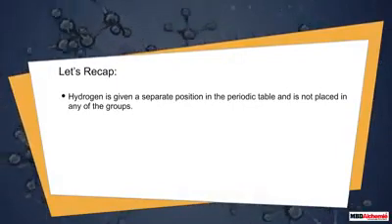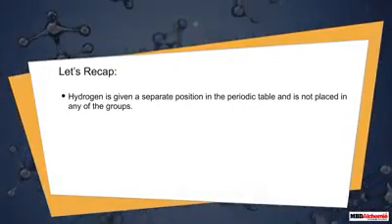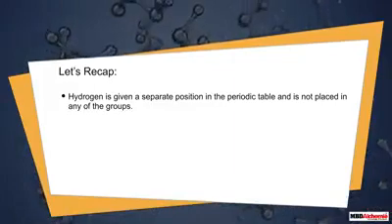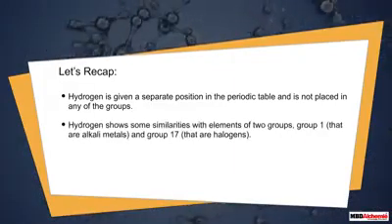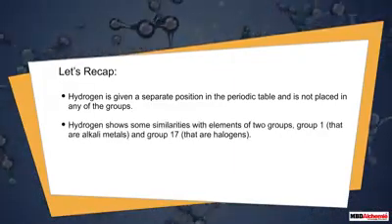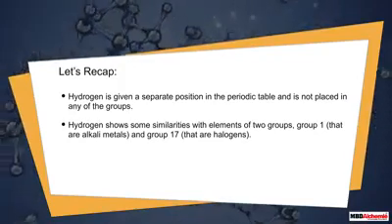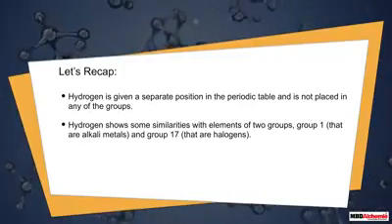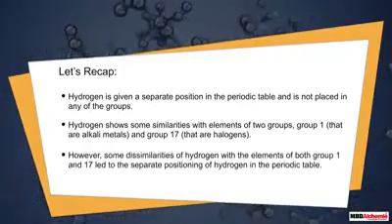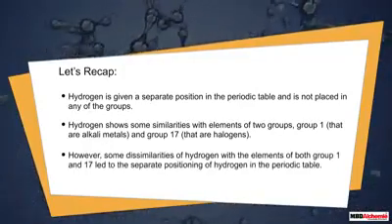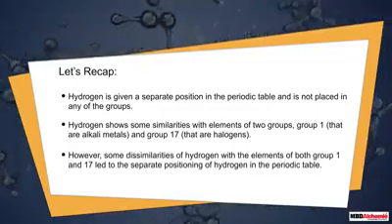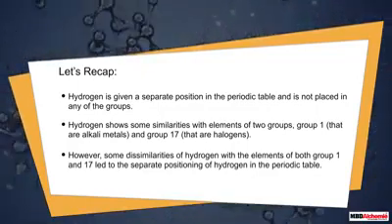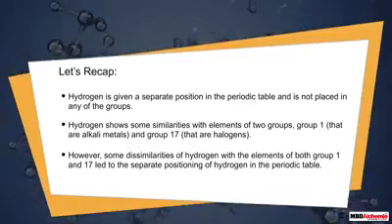Hydrogen is given a separate position in the periodic table and is not placed in any of the groups. Hydrogen shows some similarities with the elements of the two groups, Group 1, that are alkali metals, and Group 17, that are halogens. However, some dissimilarities of hydrogen with the elements of both Group 1 and 17 led to the separate positioning of hydrogen in the periodic table.